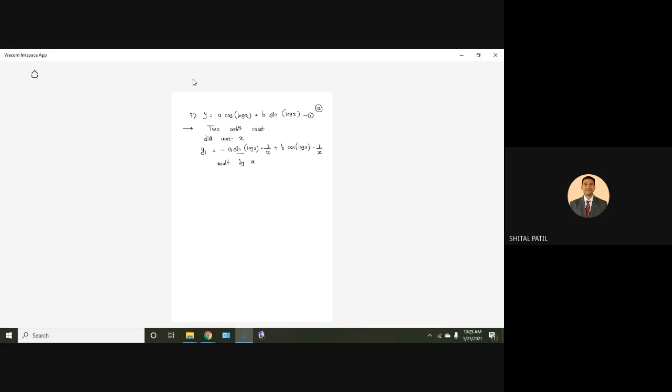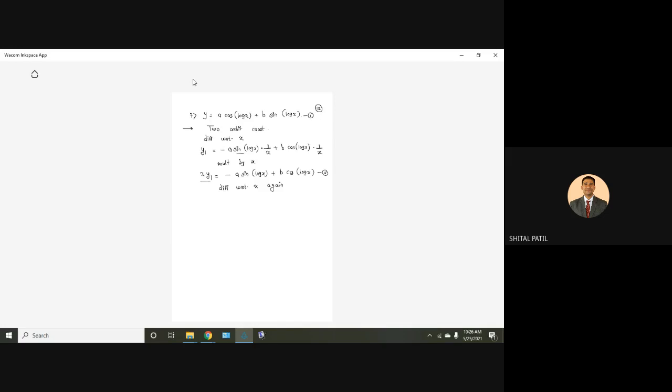So it is xy1 equal to minus A sin of log x plus B cos of log x. Now differentiating with respect to x again, already we differentiated once only, but since two arbitrary constants, we have to differentiate twice.